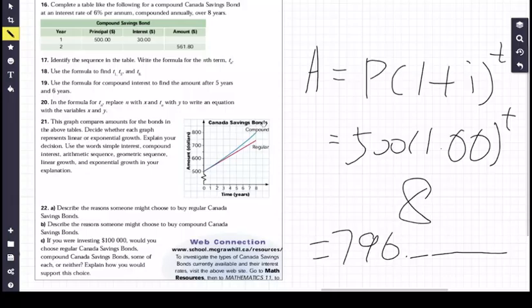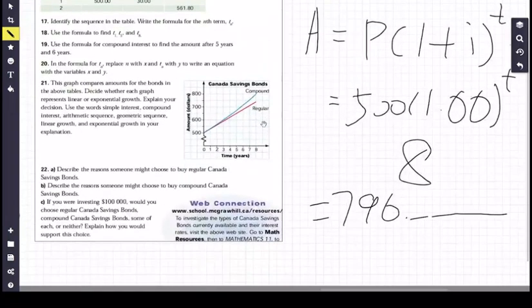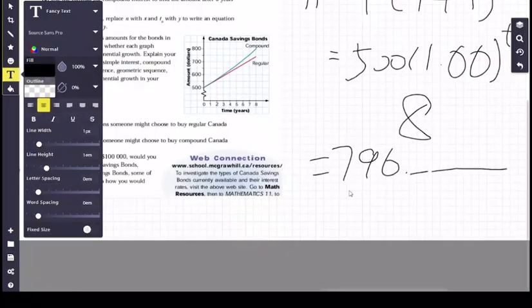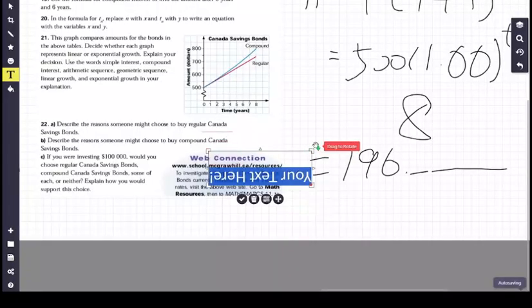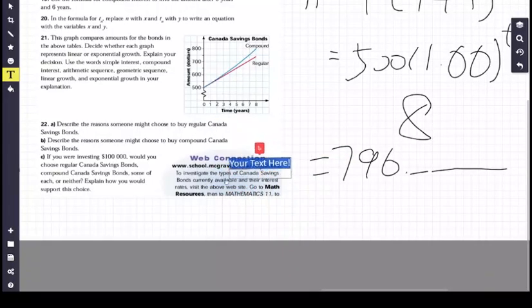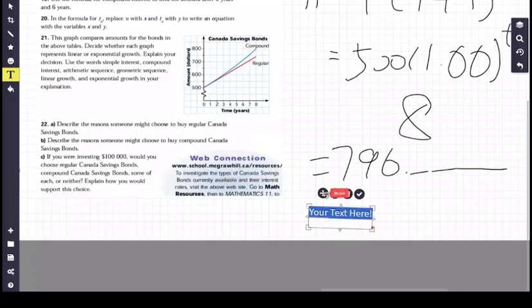So that means we can actually relate two things. Number one, we can relate that compound interest plus geometric sequence plus exponential growth.